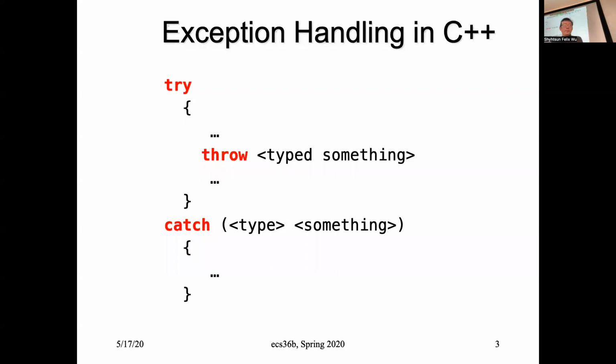Okay, so beyond those exception conditions that are created by the system, by the standard std::exception, those maybe 10 or 12 exceptions, you can throw as well. You can generate them.